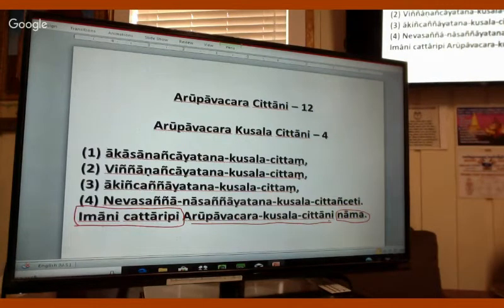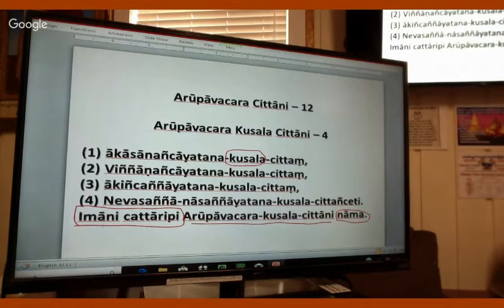If you remember this, the Vipaka Chitta and Kiriya Chitta are easy to say: we put Kusala, we put Vipaka, and we put Kiriya. So for Arupavachara Vipaka Chitta: Akasanancayatana Vipaka Chitta, Vinnanancayatana Vipaka Chitta, Akincannayatana Vipaka Chitta, Nevasannanasannayatana Vipaka Chitta.